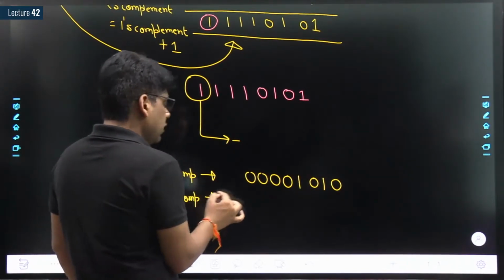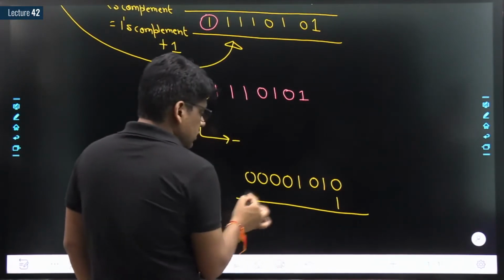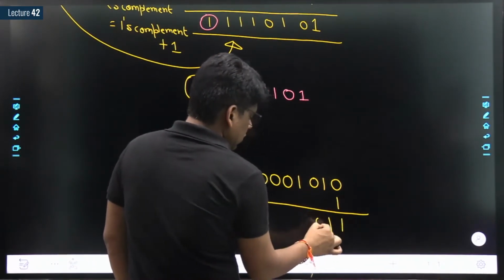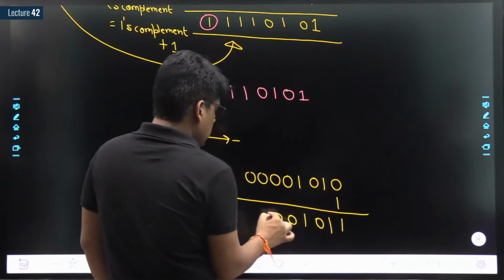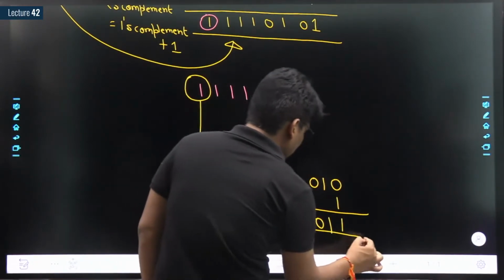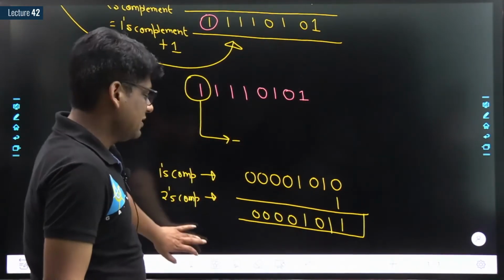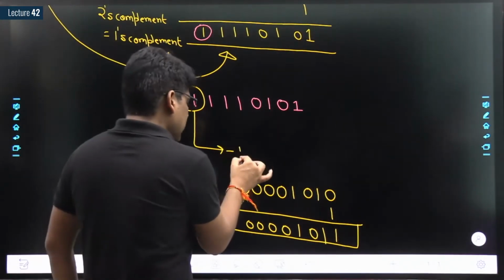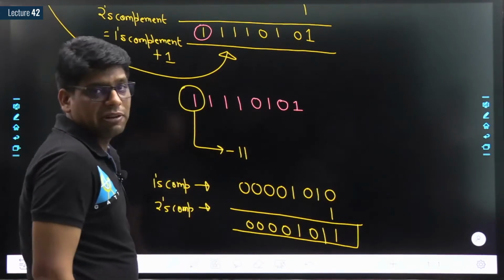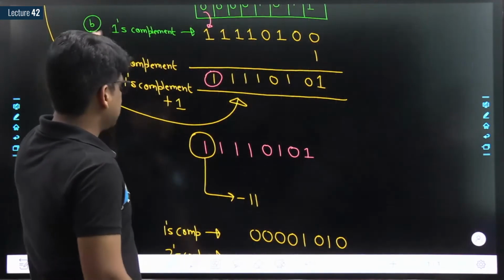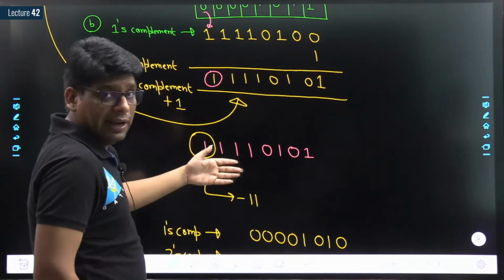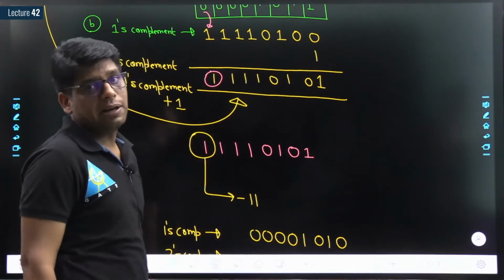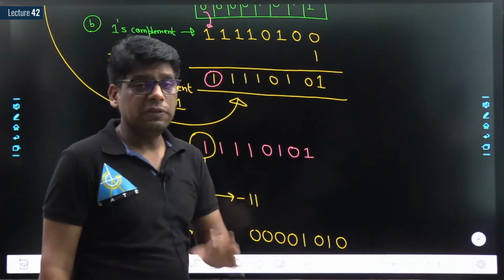If I add a 1, it becomes 0, 0, 0, 0, 1, 0, 1, 1. Sir, what is this? This is the binary for 11. That means now the computer knows the magnitude is 11. So that's how negative numbers are stored and interpreted by the machine.